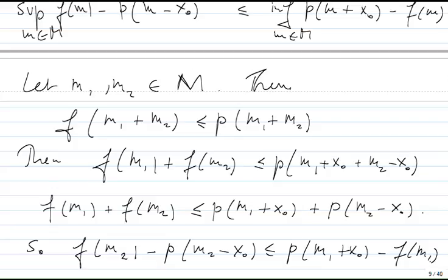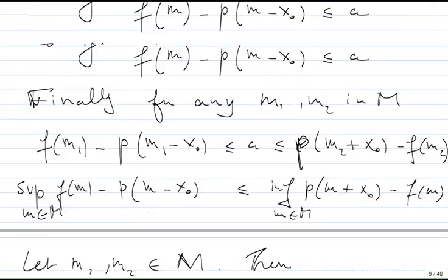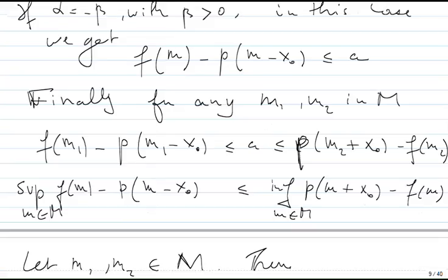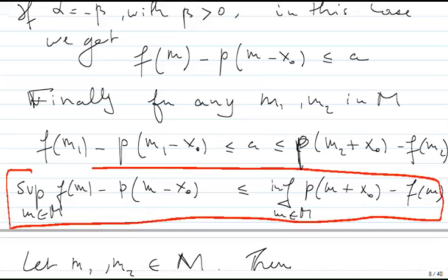So from this, for any m1 and m2, we conclude from the properties of the real line that we have the sup of this set less than the inf of that set. Okay? Because this is just lattice properties of the real line.